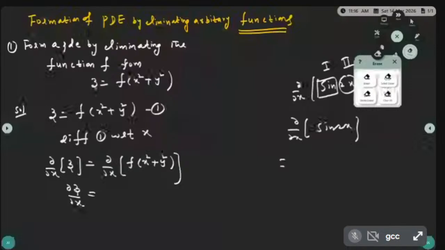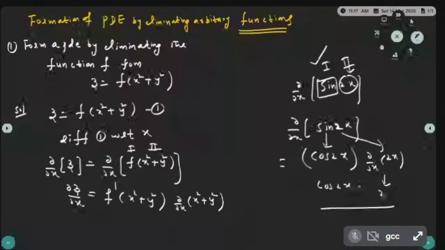First priority goes to f, the main function, that is our main target. Next, that one. What is dou z by dou x? Dou z by dou x, p, equals f dash of x square plus y square. What is the answer? 2x plus 0. Therefore, p equal to f dash of x square plus y square into 2x. Say this is A. This is the first result.